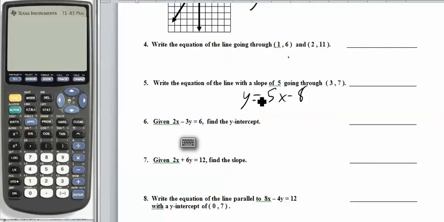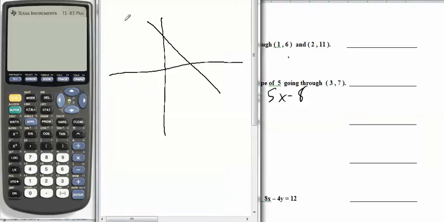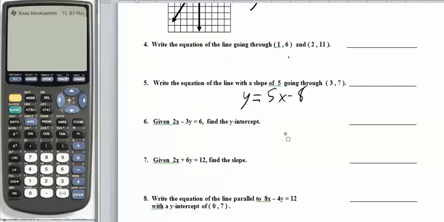All right, for number 6, to find the y-intercept, if you remember, let's look on here, if we have a line, the y-intercept is when x is equal to 0 and y is equal to something else, right? So if we want to find the y-intercept, we just need to find where x is equal to 0.